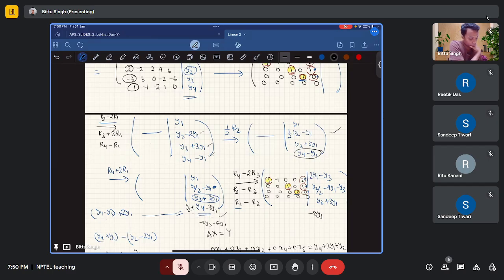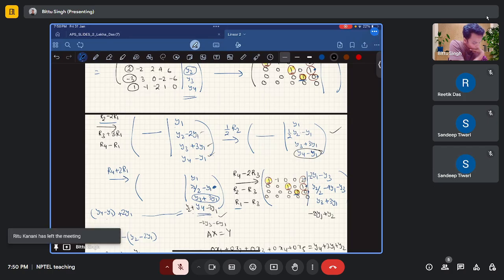Y2, and after that Y3 is not there, so minus 2Y3 and plus Y4.